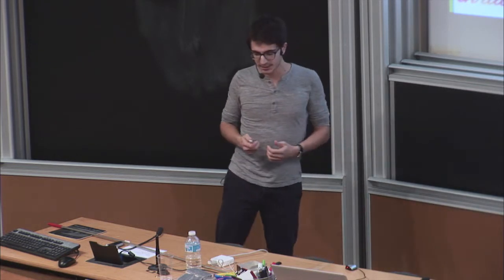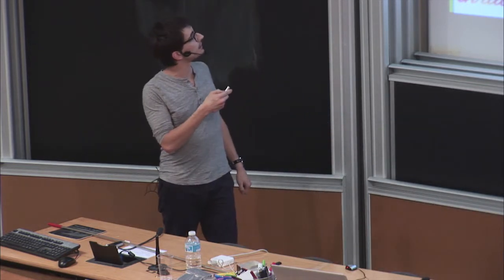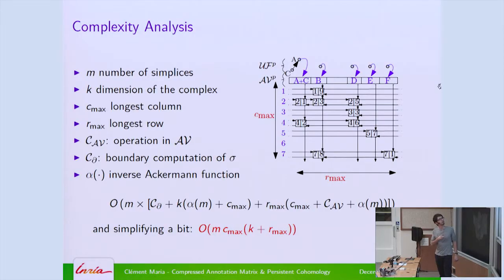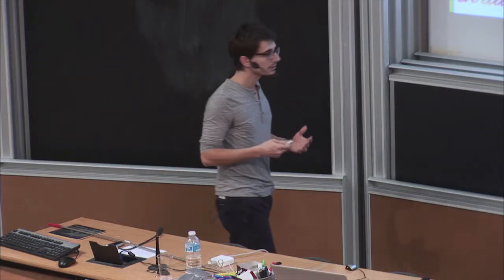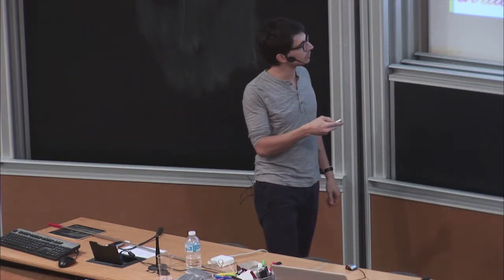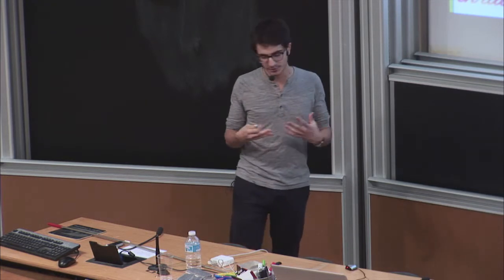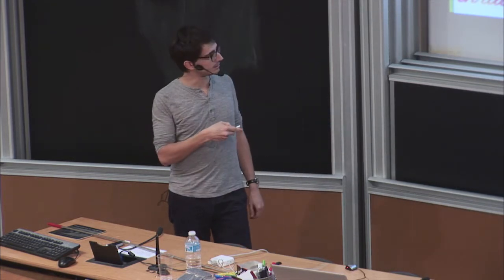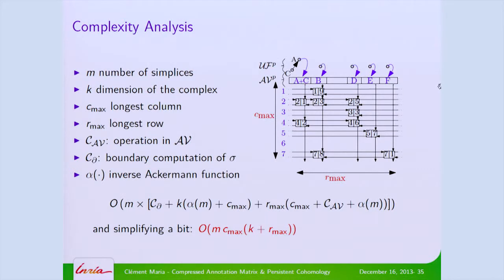So we have a complexity analysis for this that involves quite a few variables. You can see some inverse Ackermann function for the union find. You have some complexity for computing the boundary. So you can get this quite complicated expression. But if you simplify a little bit, then you're reduced to this expression. So you're computing the persistent homology of a simplicial complex with m faces.